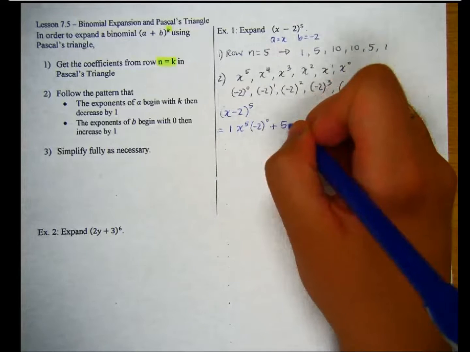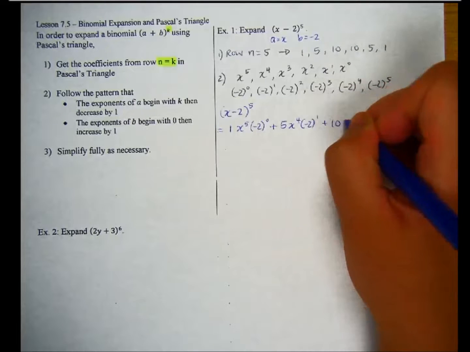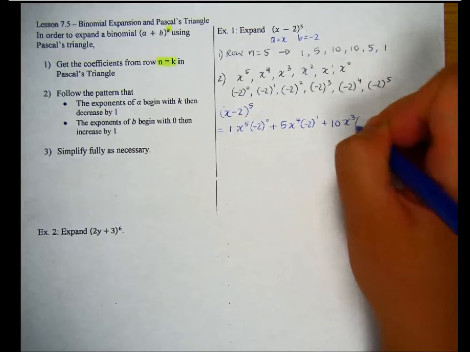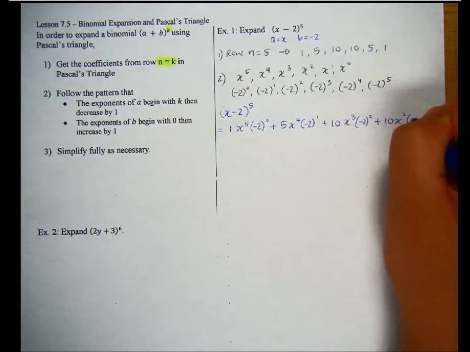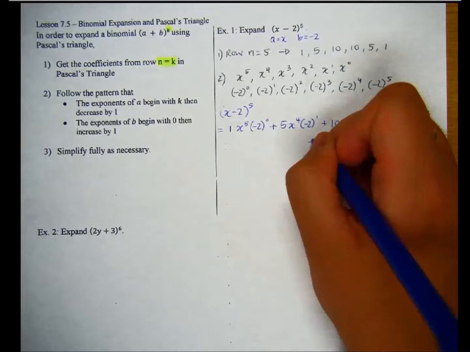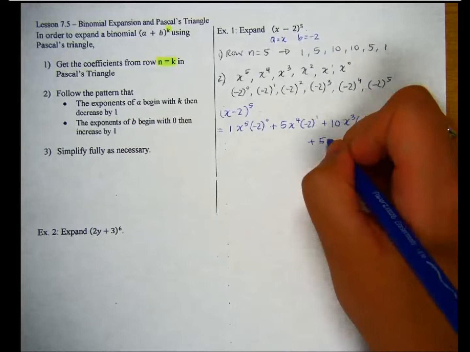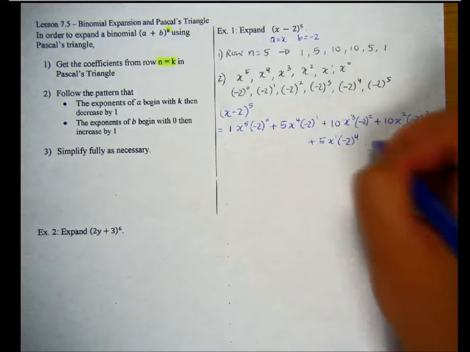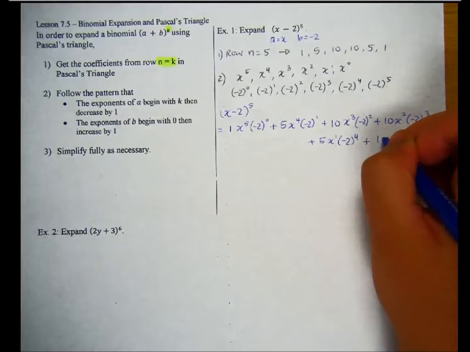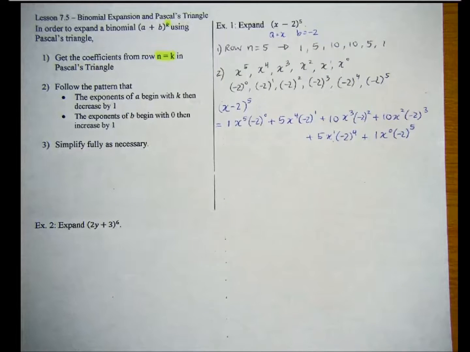Plus 5x to the 4, negative 2 to the 1, plus 10x cubed, negative 2 squared, plus 10x squared, negative 2 cubed, plus 5x to the 1, negative 2 to the exponent 4, plus 1x to the 0, negative 2 to the exponent 5.